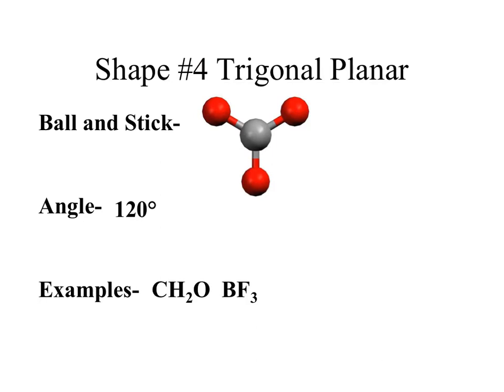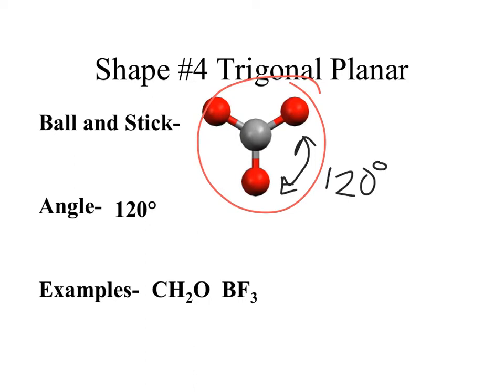This one is flat like a pancake. It's called trigonal planar. Say that to yourself, trigonal planar. Now this one is flat like a pancake. So just like it's drawn here, you can see that it has the center molecule and then 3 legs going off. If you divide a perfect circle into 3 parts, obviously 360 degrees divided by 3 is 120 degrees.